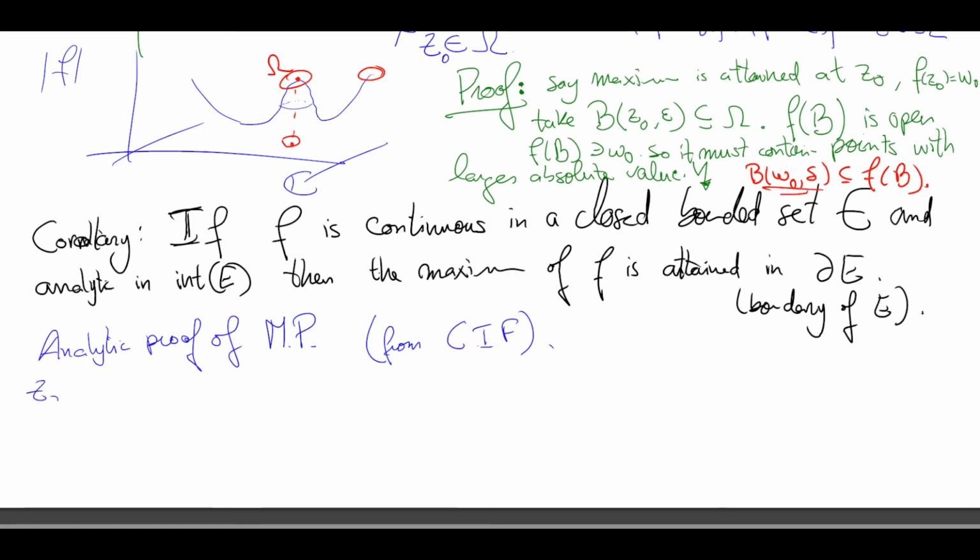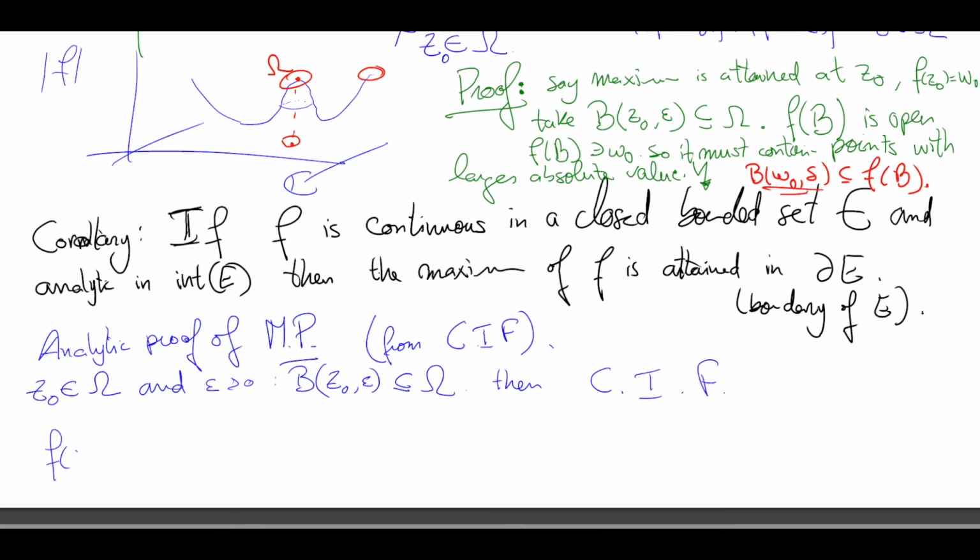So let z0 be in omega, and take an epsilon bigger than 0 such that the closure of the ball around z0, I want the boundary also, is inside omega. I just take epsilon small enough. Then I have the Cauchy integral formula, so from it I get the following.